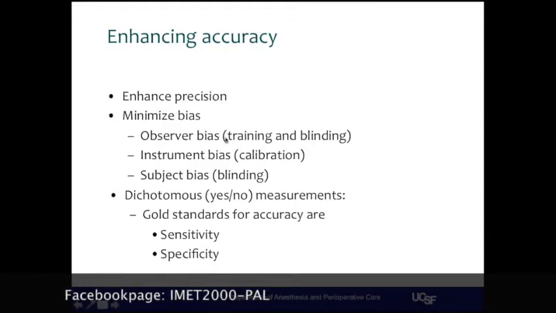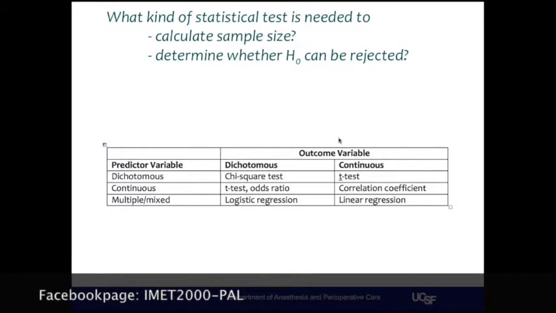To minimize observer bias, we go through very defined training on how we make a measurement and then blind ourselves and our team members to the assignment of the individual patient or subject, in order to minimize any kind of bias we may introduce by knowing the patient is getting the real drug or is getting the placebo, so we have to really not know that.